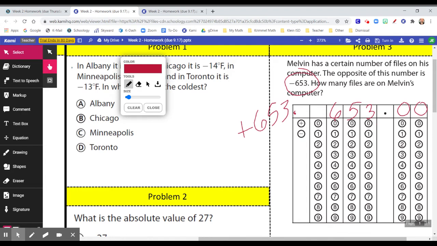All right, and because we're looking for a positive number, now positive numbers on griddables, if you don't put the positive in there, it would still be graded as positive. So that would be correct. Or you can put the positive in there just to be sure, and then fill it in.